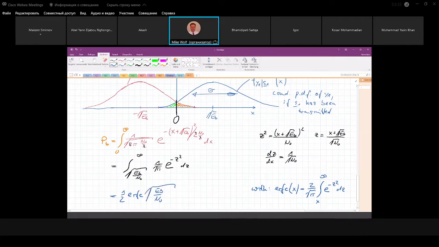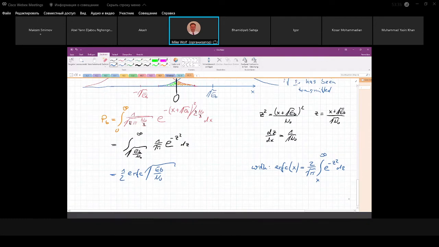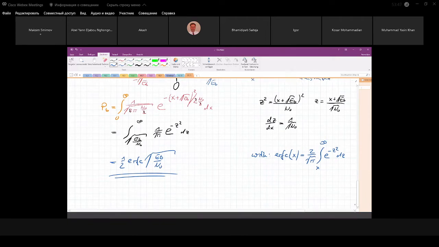The bit error rate, this is an important result, only depends on the ratio of the energy per bit to the noise power spectral density. This is really important, this result. Eb by N0 is also referred to as the bit referred signal to noise ratio. So it's related to the bit.